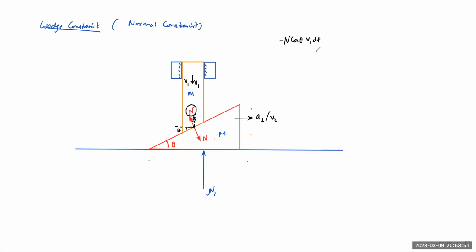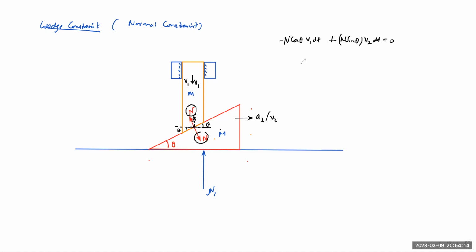From very scratch we are solving. And what about the same normal on the wedge? The component of this will be N sin theta. And what is the displacement in its direction? V2 dt.